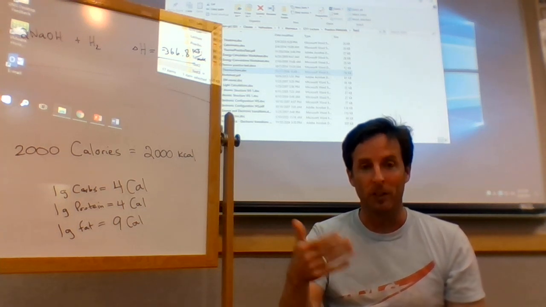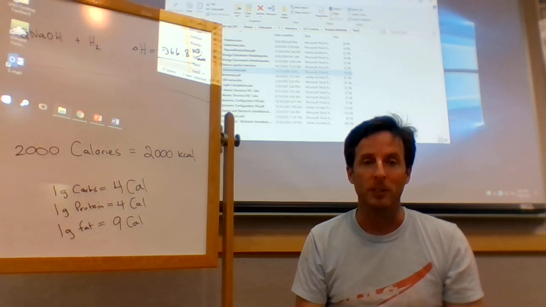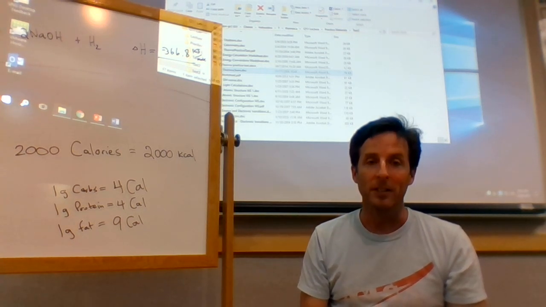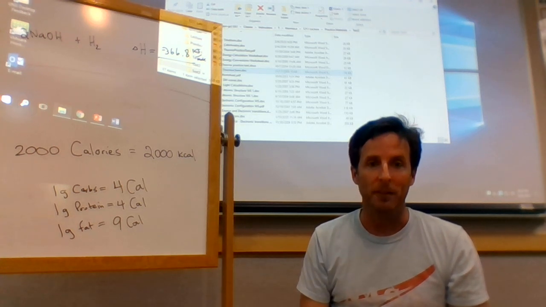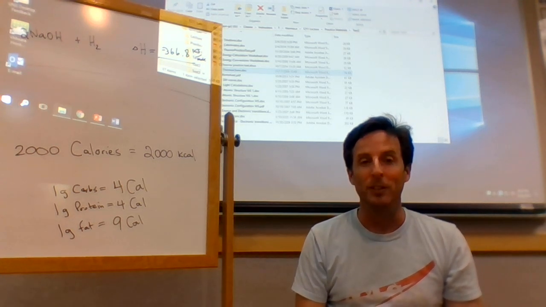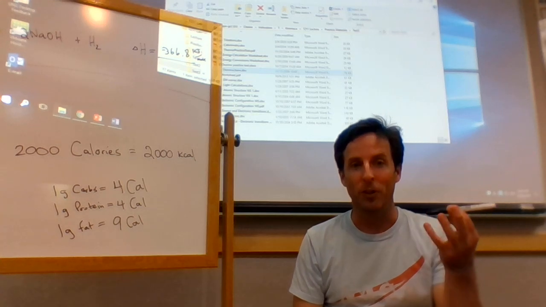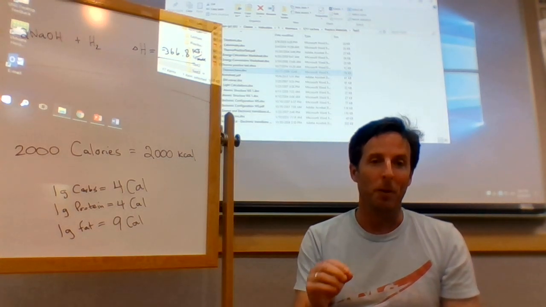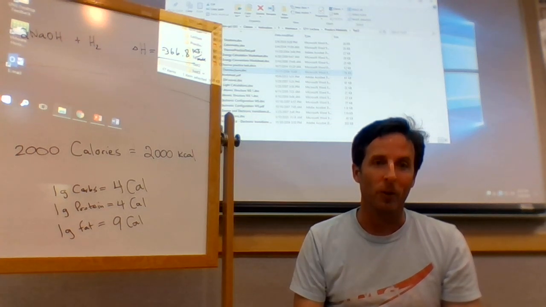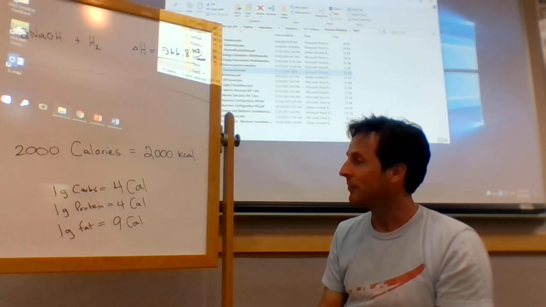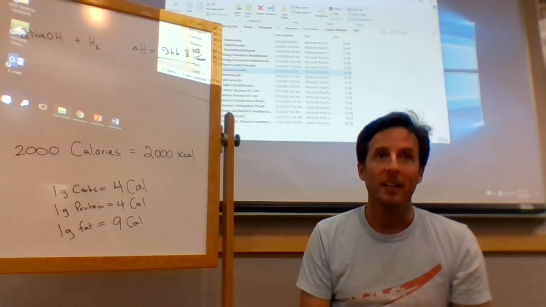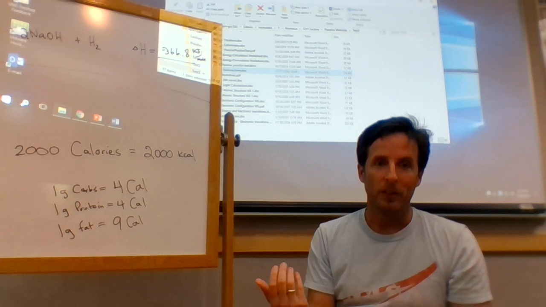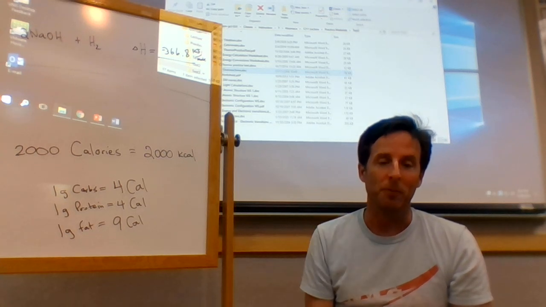Okay, so if you look at a can of Coke, look on the back at the nutritional label, it'll say somewhere around 160 calories because there's about 40 grams of sugar inside of it. Okay, now if you actually measure out 40 grams of sugar, like pour it into a beaker on a scale, you'd be amazed at how much sugar they actually dissolve into a can of Coke. It'll blow your mind.